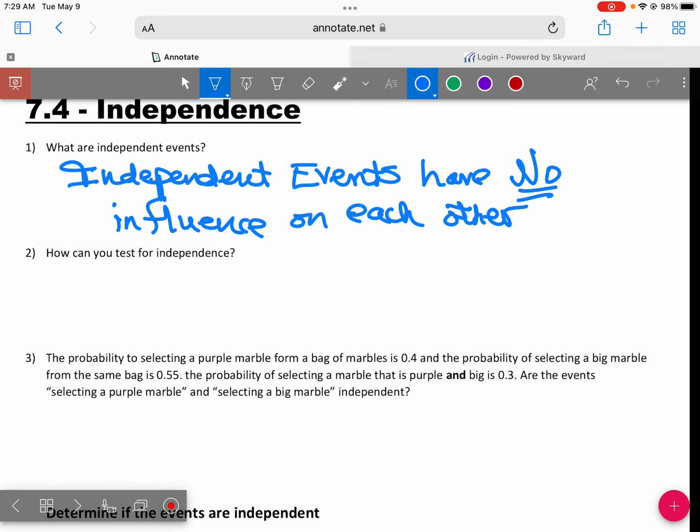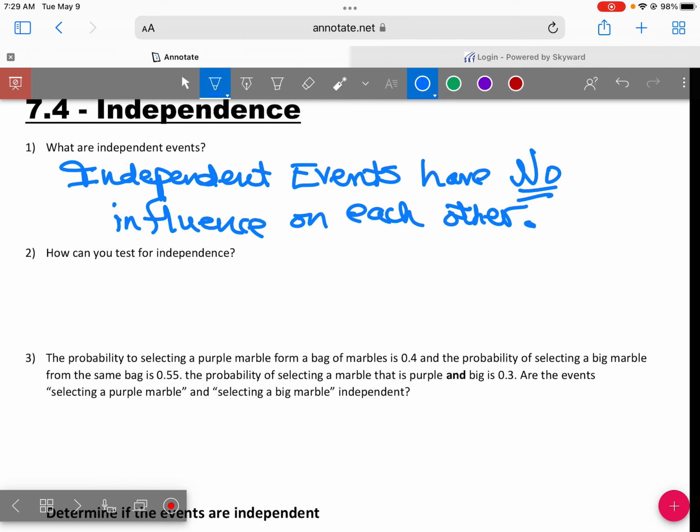So whatever happens to the one is not going to affect the second one. Okay? All right. Independent events. Whatever happens to one is not going to affect the second one.